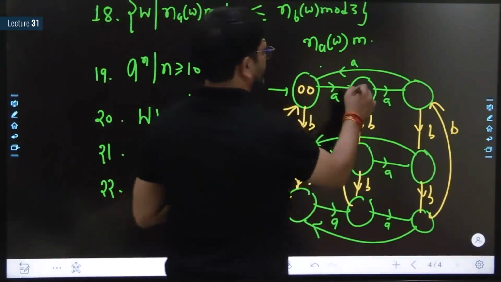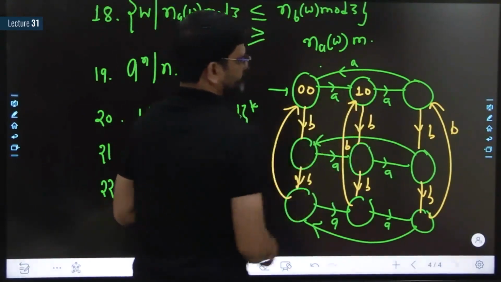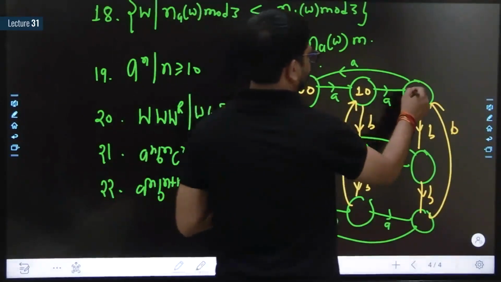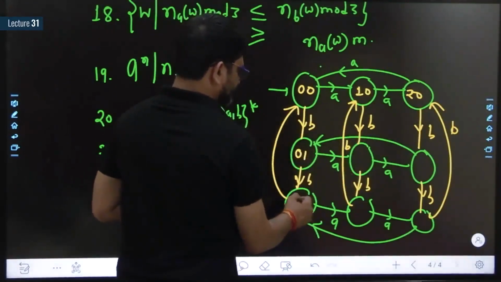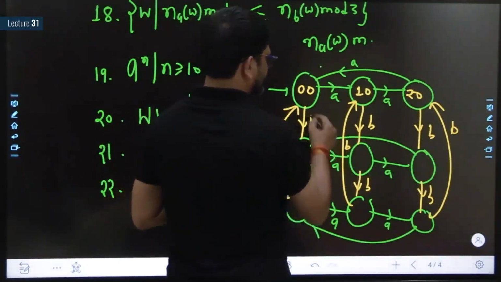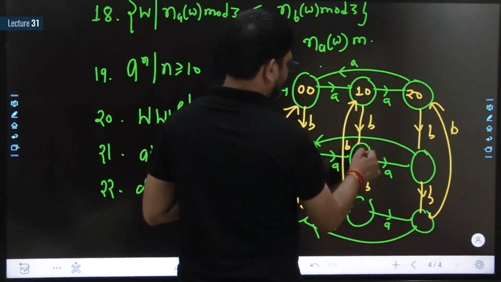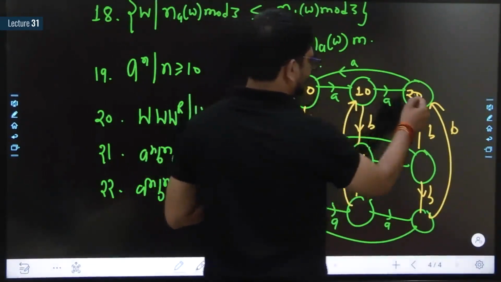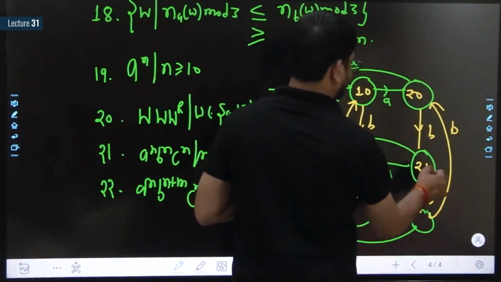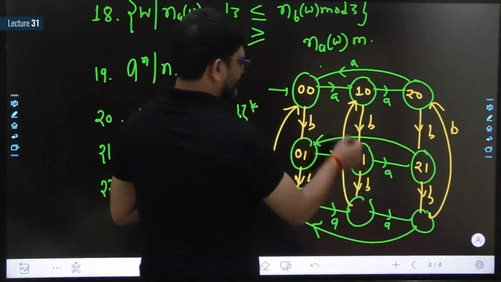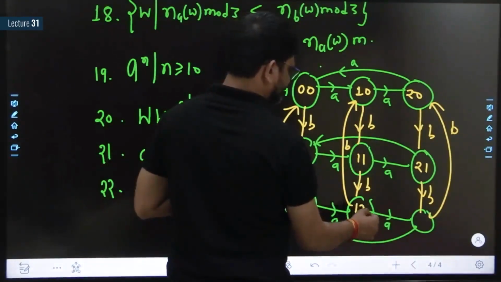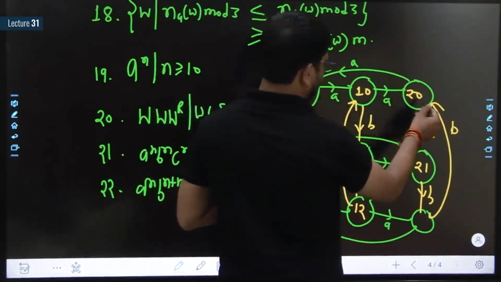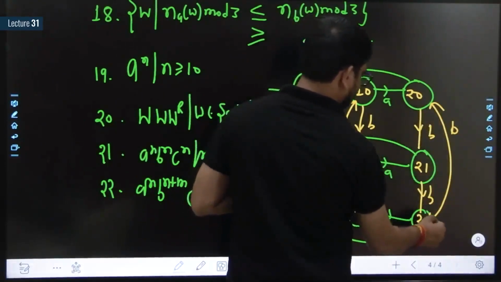This one is 1,0. This one is 2,0. This one is 0,1 and 0,2. This one is 1a 1b, 1,1. This is 2a and 1b. This one is 1a 2b. This one is 2a 2b.